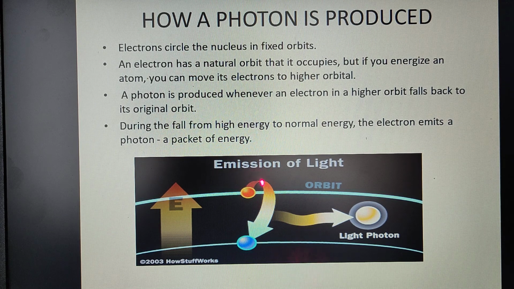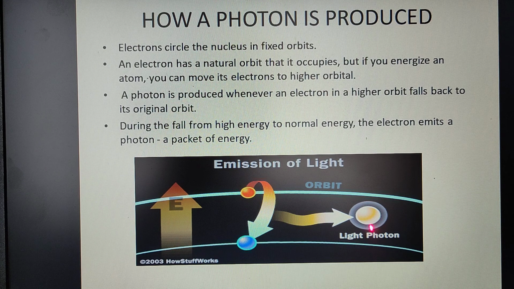It cannot remain in that orbit because that particular orbit has a specified level of energy. So it falls back to its original level. But a small amount of extra energy is still left with it. So when it falls back, it releases a small amount of energy in the form of a light particle.